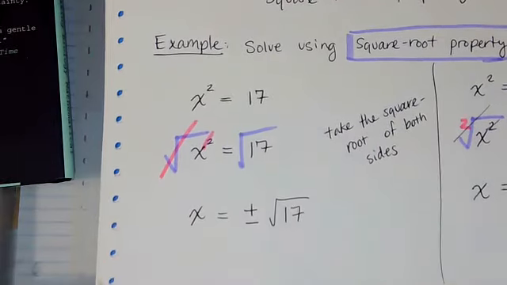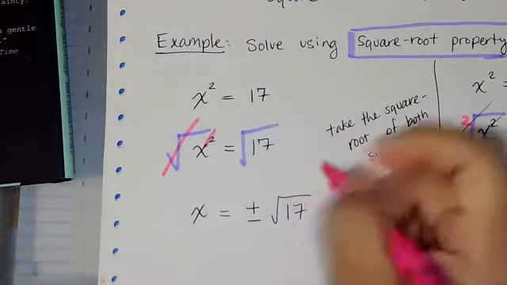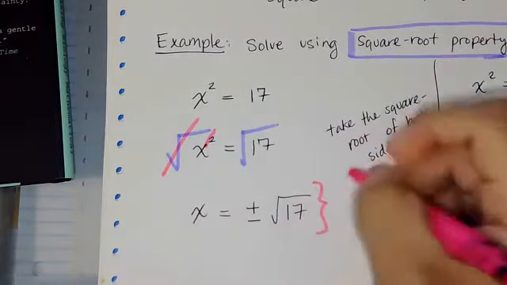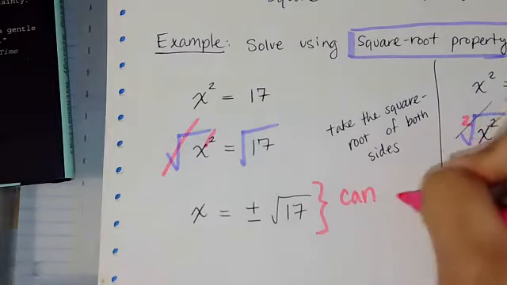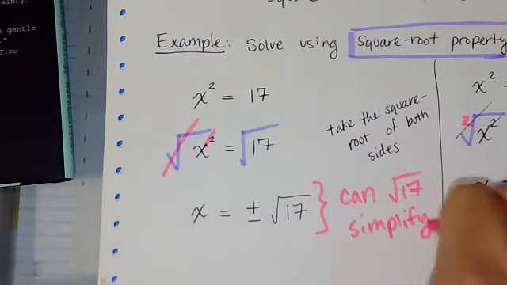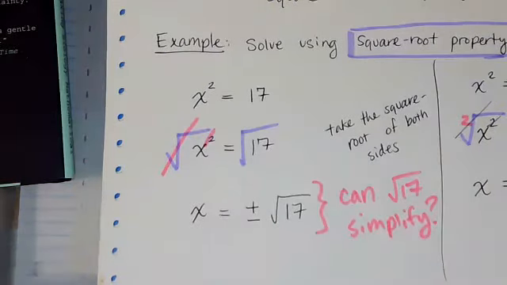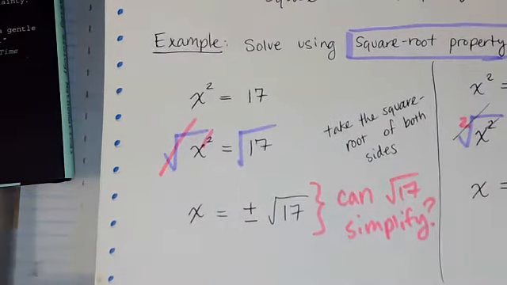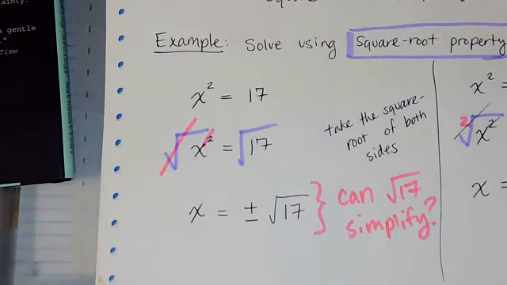At that point, you might ask yourself, okay, can the square root of 17 simplify? Well, 17 is a prime number, so its only factors are 1 and itself.